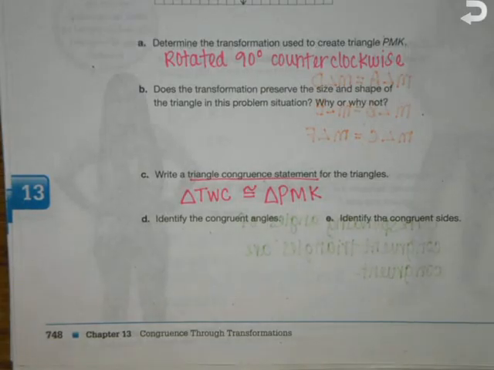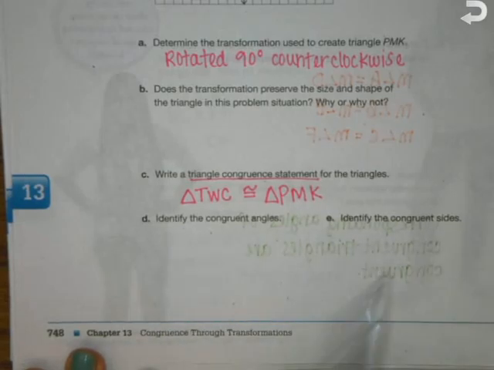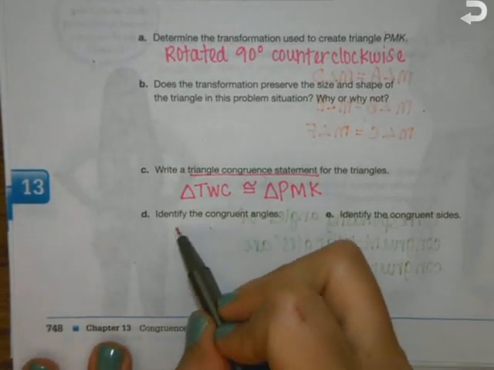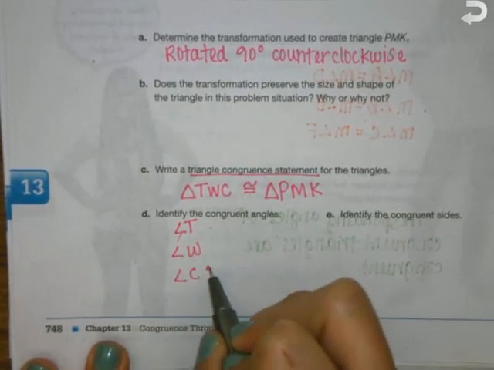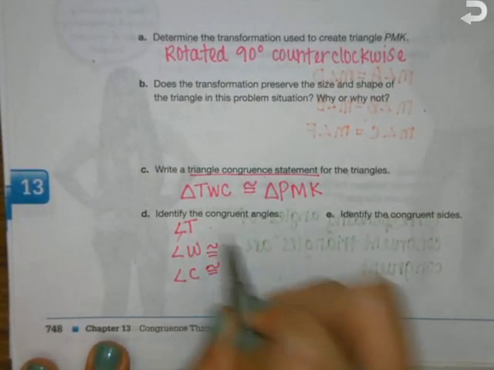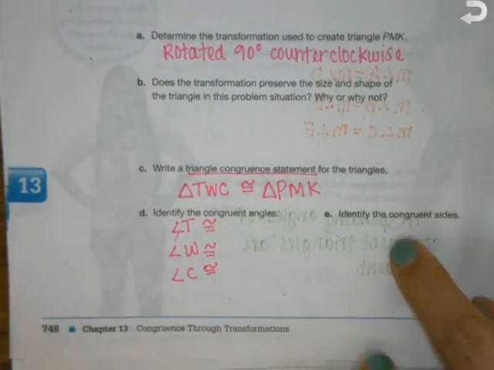And then the last thing I want us to do before we leave is identify the congruent angles and the congruent sides. So we have angle T, angle W, and angle C is congruent, is congruent, is congruent. So do that for me. And then also the congruent sides.